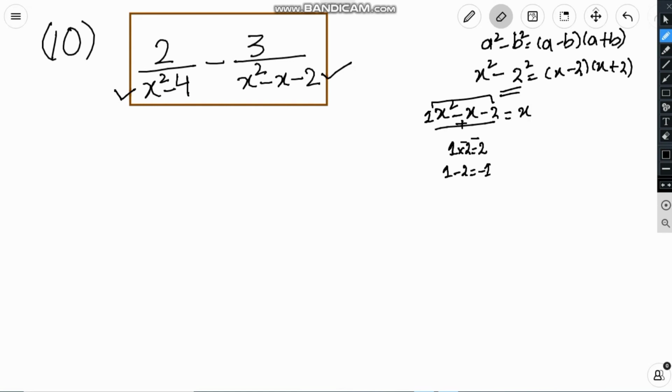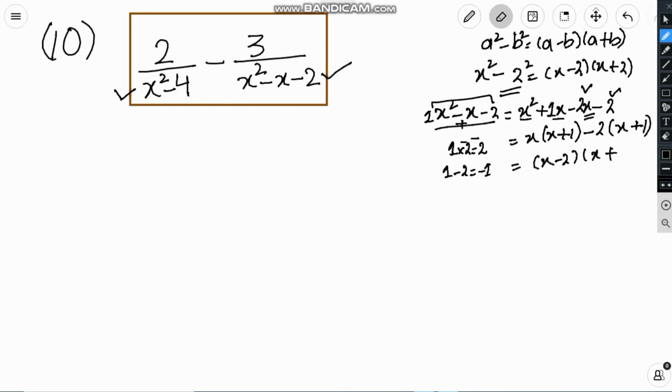So just write these two numbers here, x square plus 1x minus 2x minus 2. Now make the factors: take x common from the first two terms, x plus 1, minus, take minus 2 common from the last two. What remains here, x and plus 1. So your required factors are x minus 2 and x plus 1.